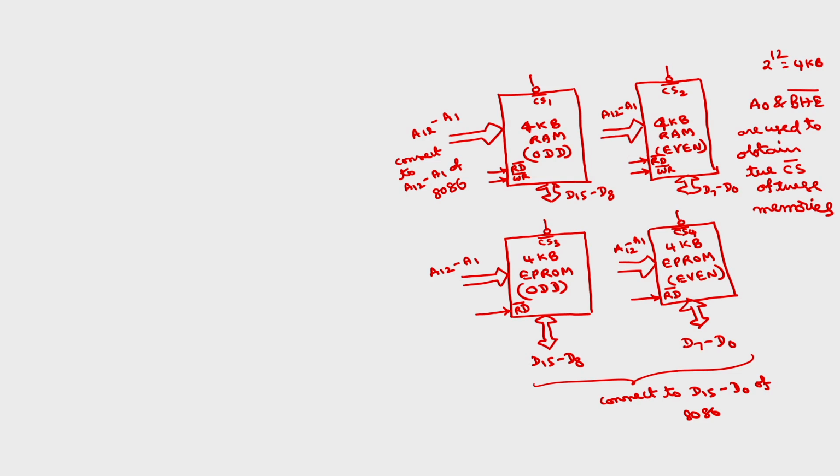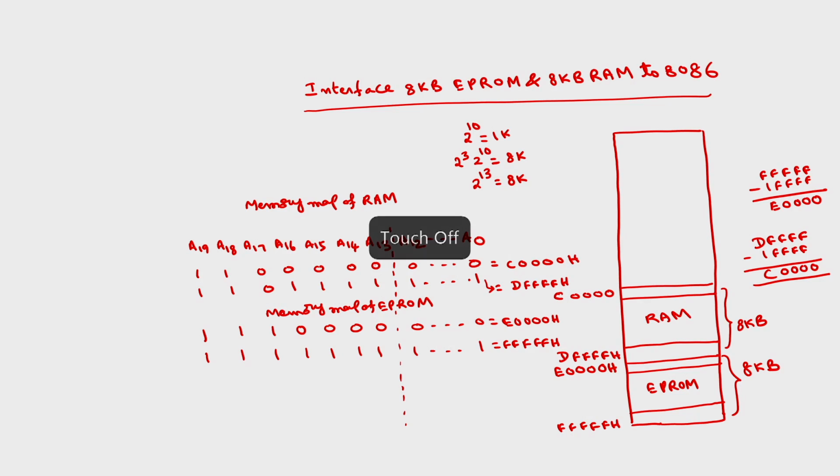Now, how to select the chips, so that this memory RAM will operate at the address that I have specified in the last slide, which is from C0000H to DFFFFH, and EPROM will interface starting from the address E0000H to FFFFFH. Okay.